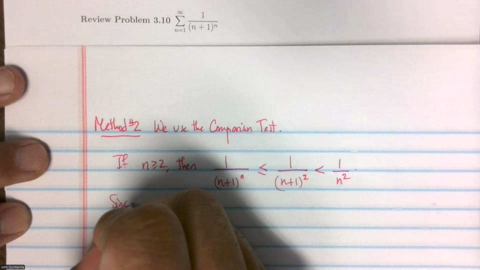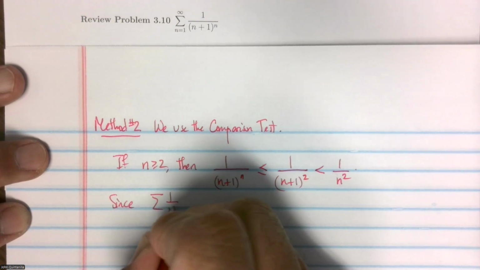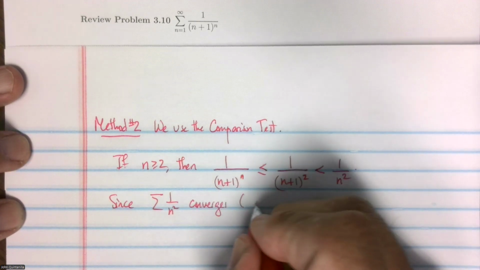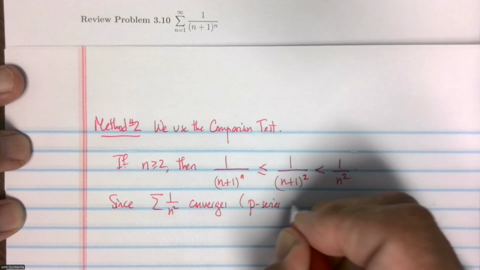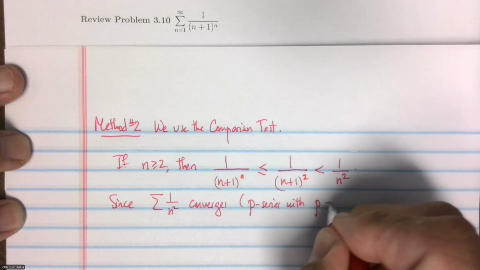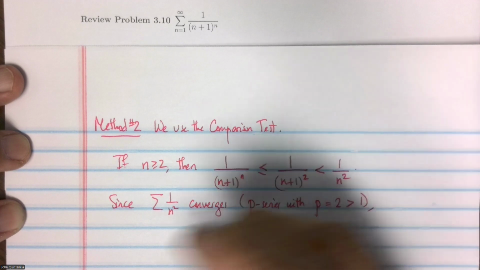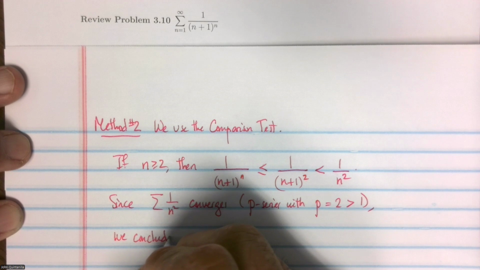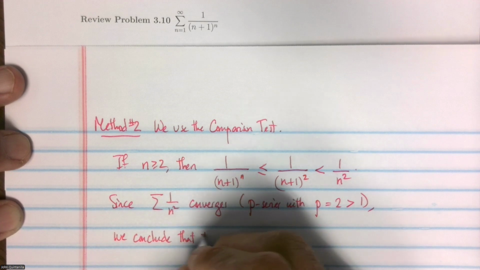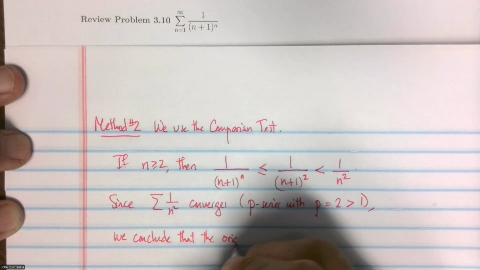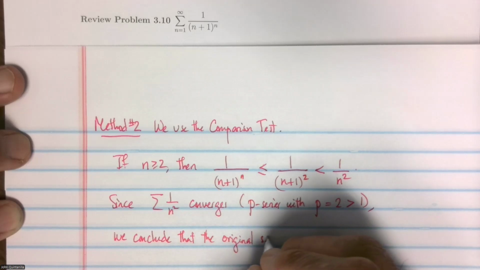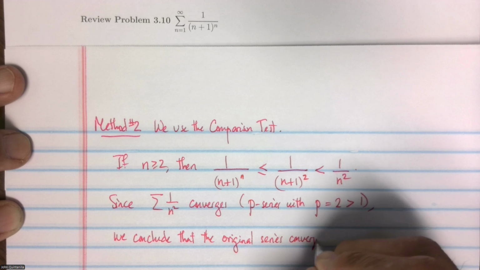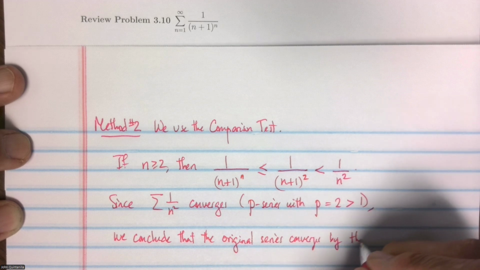Okay, so since summation 1 over n squared converges, and the reason that converges, it's a p-series with p equal to 2, which is greater than 1, we conclude that the original series converges by the comparison test.